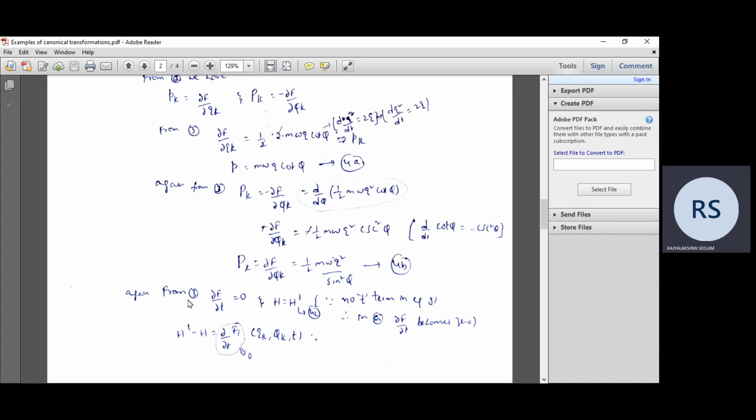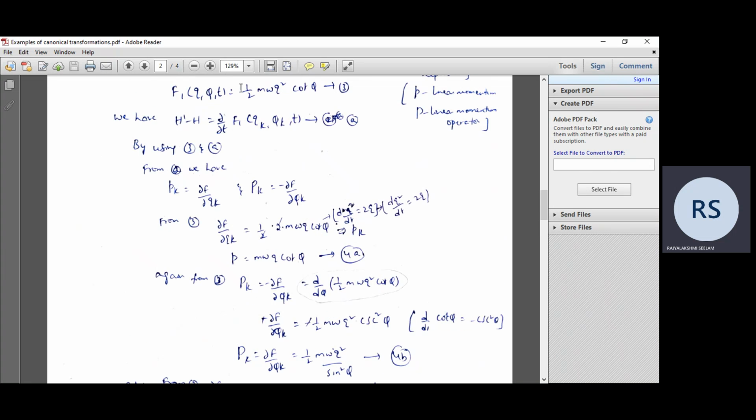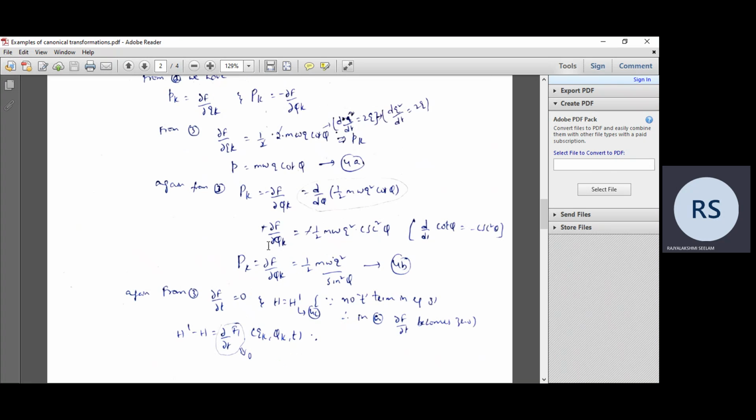Again from equation number 3, we don't have any t term here. t is the time. So ∂F/∂t equals 0 and H equals H dash. From 4c we have H equals H dash.